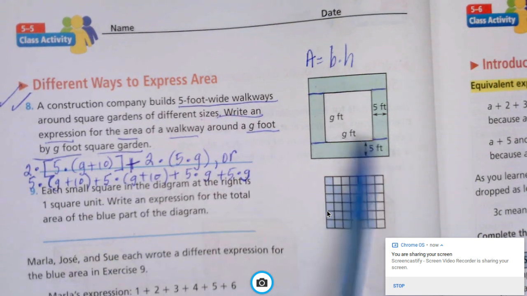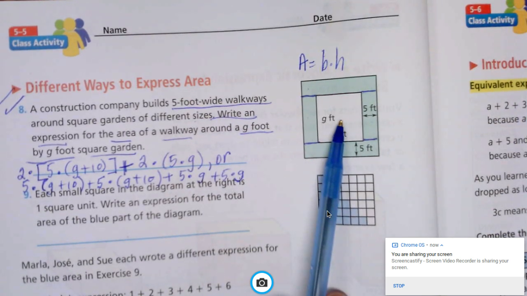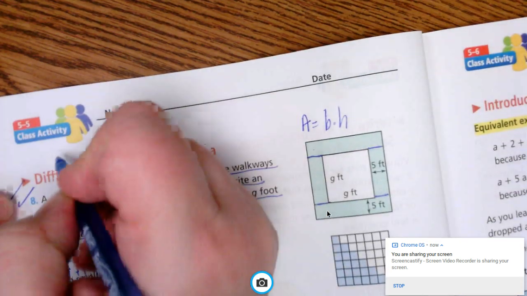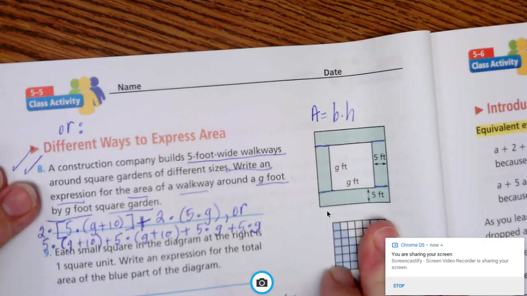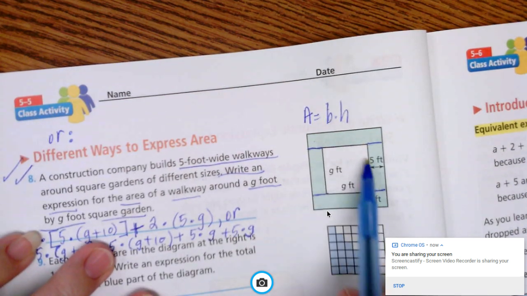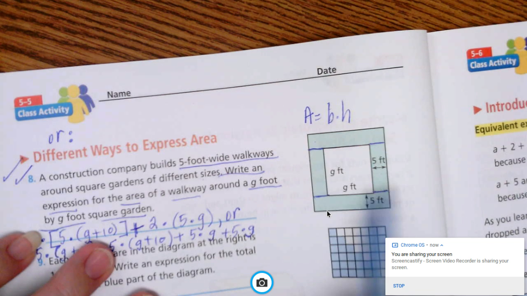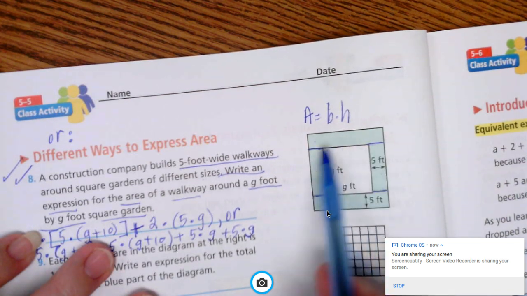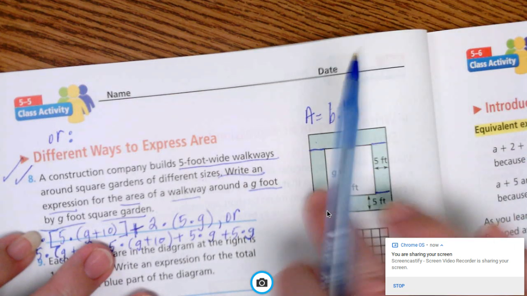Oh, okay. I wondered if there was a way to subtract this. I found on the answer key there is a way. So let's write that up here. Here's another way we could do it. I like to use the subtraction method, I guess. We could subtract the area for the G by G square from the larger outer green square. It's like putting a white one on the green one and taking that out of it.